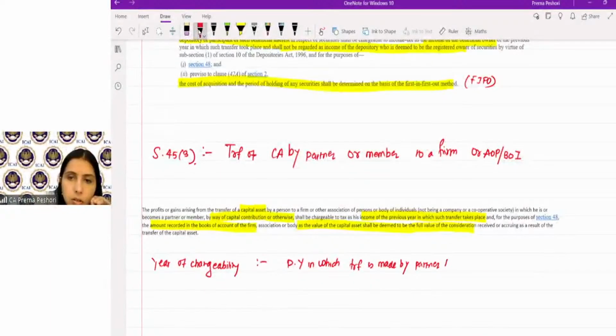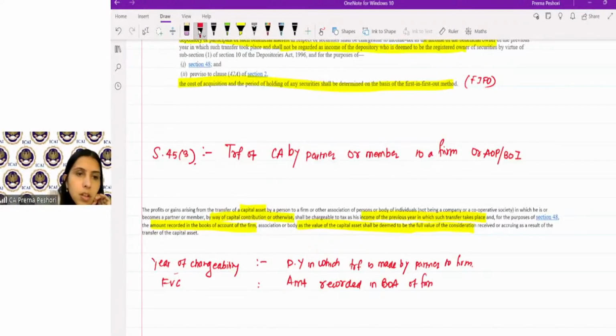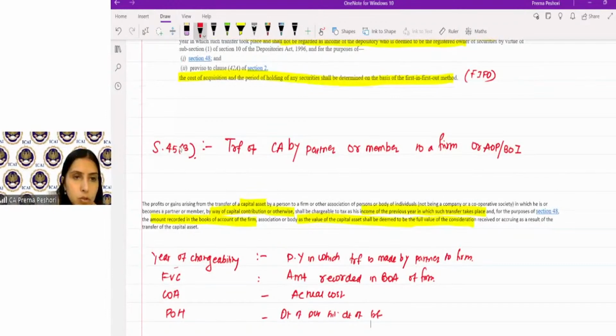Partner to firm. Full value of consideration will be the amount in the accounts of the firm. Cost of acquisition will be your actual cost. Period of holding is from the date of purchase till the date of transfer. And so will be the indexed cost of acquisition.